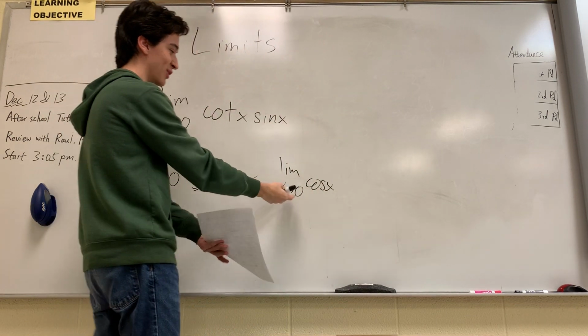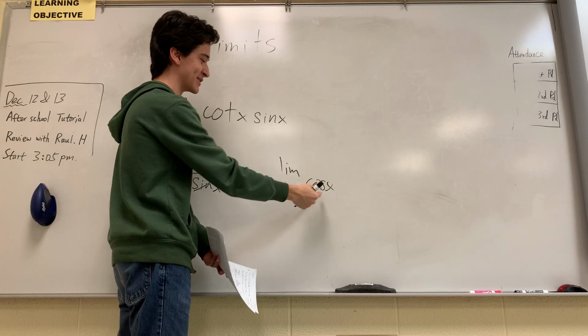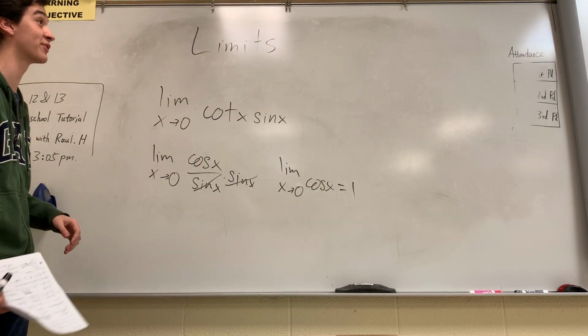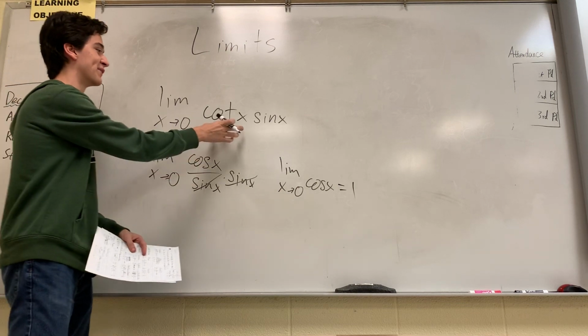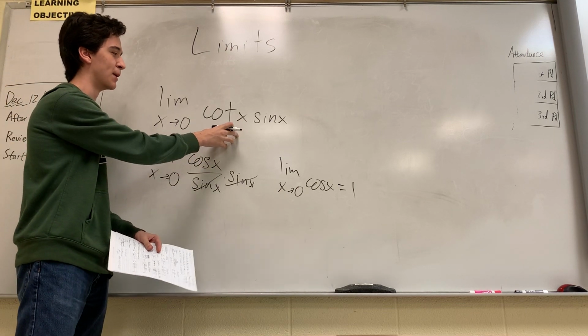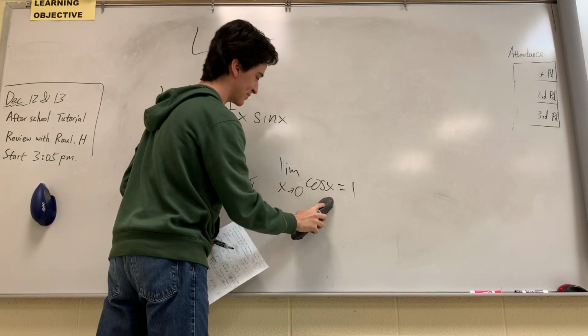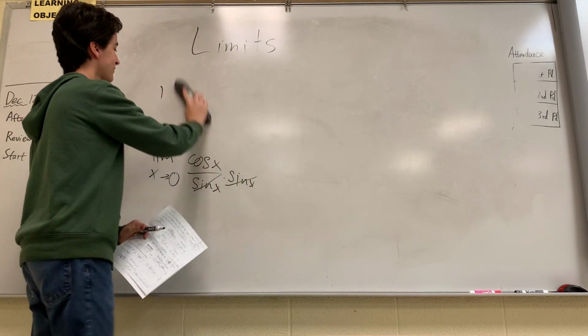That one is super easy: if you plug in 0 into cosine, you just get 1. So another really useful trick whenever you're computing limits is, if it has trig, try to apply some of the trigonometric identities that you know, because it ends up simplifying like this sometimes.